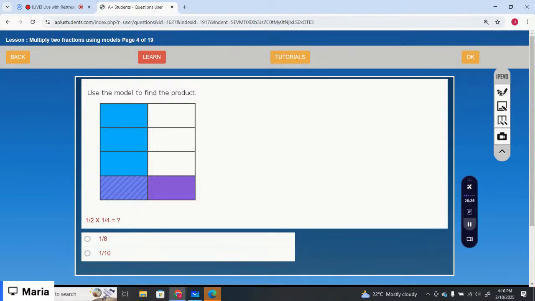Use the model to find the product. The correct option is 1 over 8 because the model has a total of 8 portions. Only one of them has both the colors in the portion. So that is 1 out of 8. Their product is 1 out of 8.